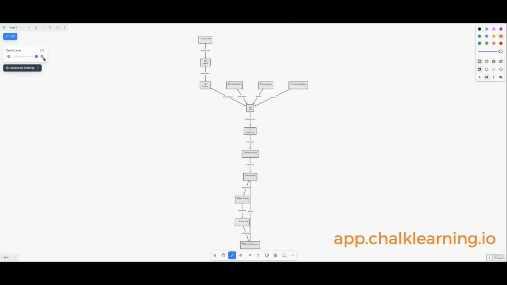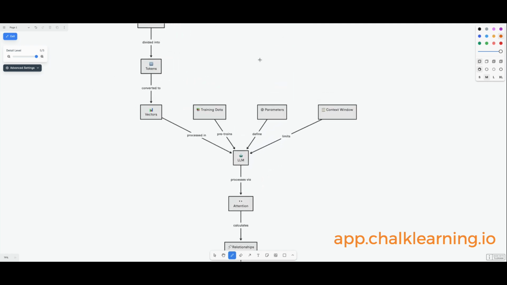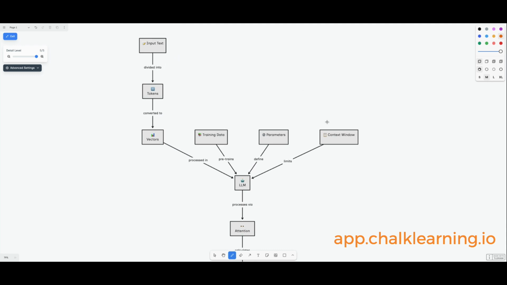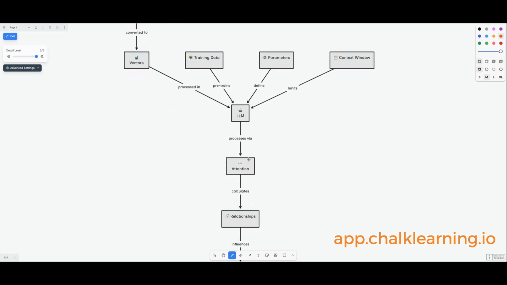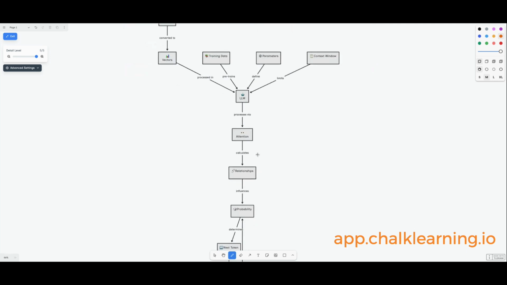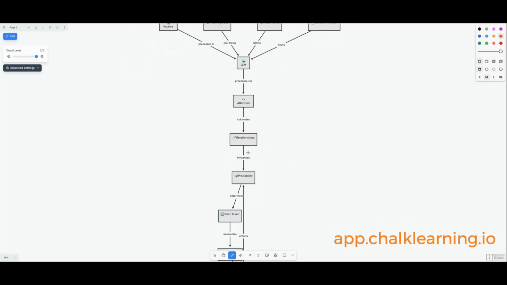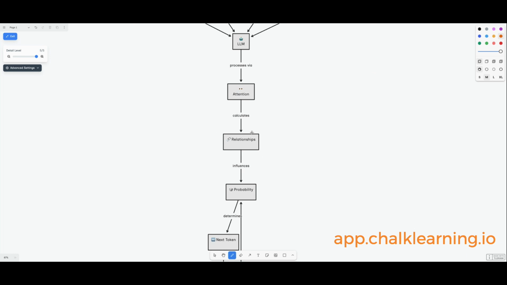And then finally, we get to the last level, and we can see that the large language model also has this working memory constraint, or it's called the context window, but it's kind of like the large language model's working memory if we compare it to a human. And we can also see in this diagram that the self-attention mechanism is based on the relationships between the different words.